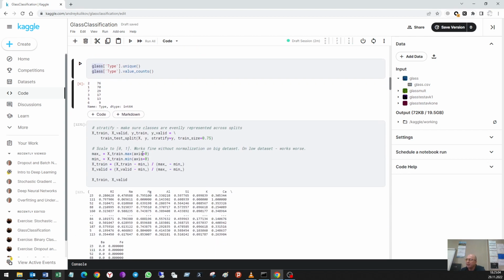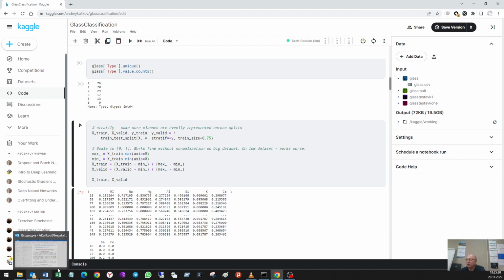I'll do it later, but first of all I'll do the following thing. I'll divide my data set into train and valid data sets with this percentage.